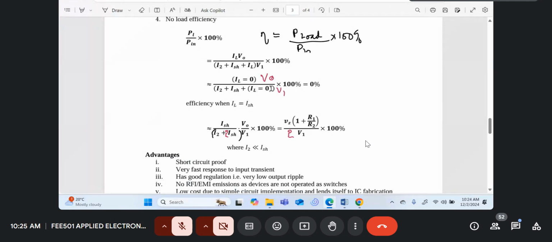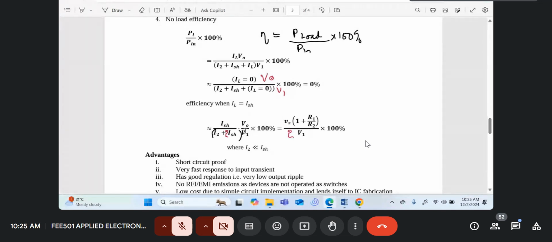And now IL is not equal to 0, but IL is equal to I shunt. So in the denominator here, you'll have 2 I shunt. Now, since I2 is normally very small, this I shunt in the numerator can cancel the I shunt in the denominator, and this becomes a half. So this first equation is just 1/2 V naught divided by V1 times 100%.